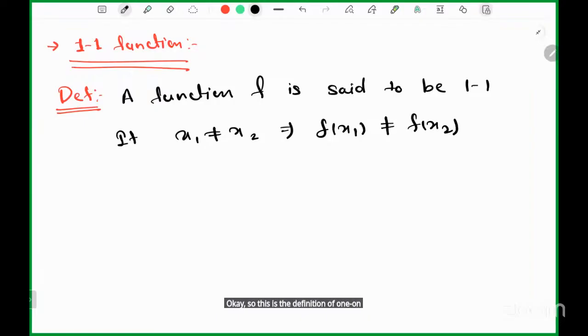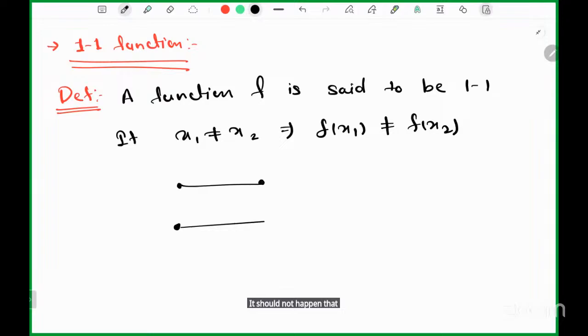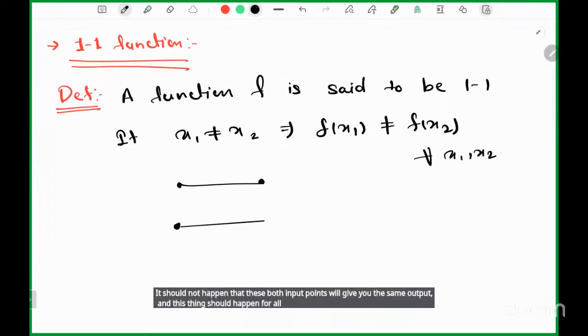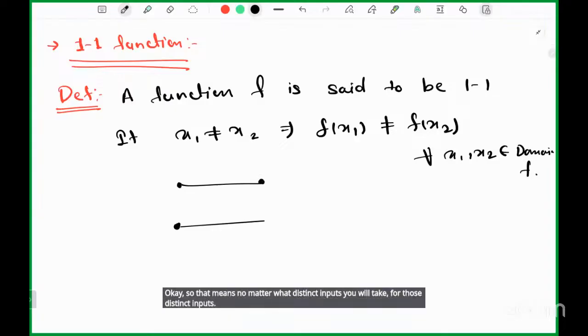What does it imply? It implies that if you have two different input points, then these two different input points should correspond to two different outputs. It should not happen that both input points give you the same output. And this should happen for all x1 and x2 belonging to the domain of f. No matter what distinct inputs you take, the output should be different.